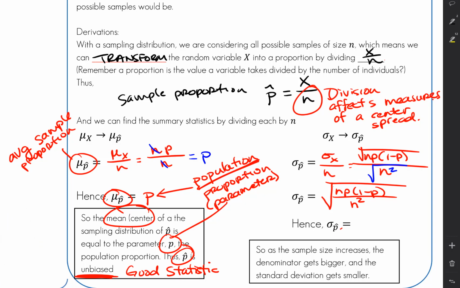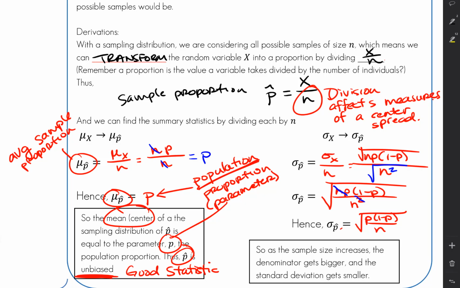Well, I have one n in the numerator, but I have two n's in the denominator. Only one of each can cancel out. But that square then goes away. We're left with one n in the denominator, none in the numerator, and now I can rewrite this equation for sigma sub p hat, the standard deviation of the sampling distribution, as the square root of p times 1 minus p all over n.